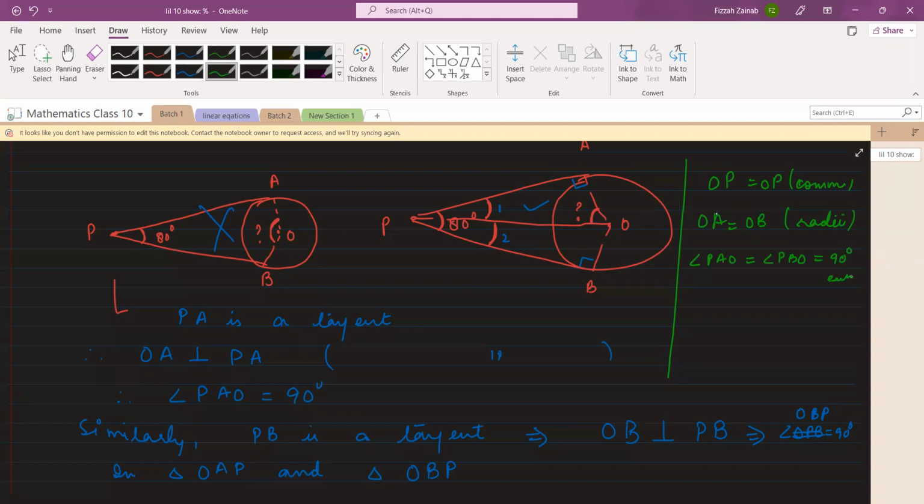We have proved. So the two triangles are congruent. Which criteria? RHS again. So from RHS criteria, they are congruent, and by CPCT, angle 1 is equal to angle 2. Is that clear now?